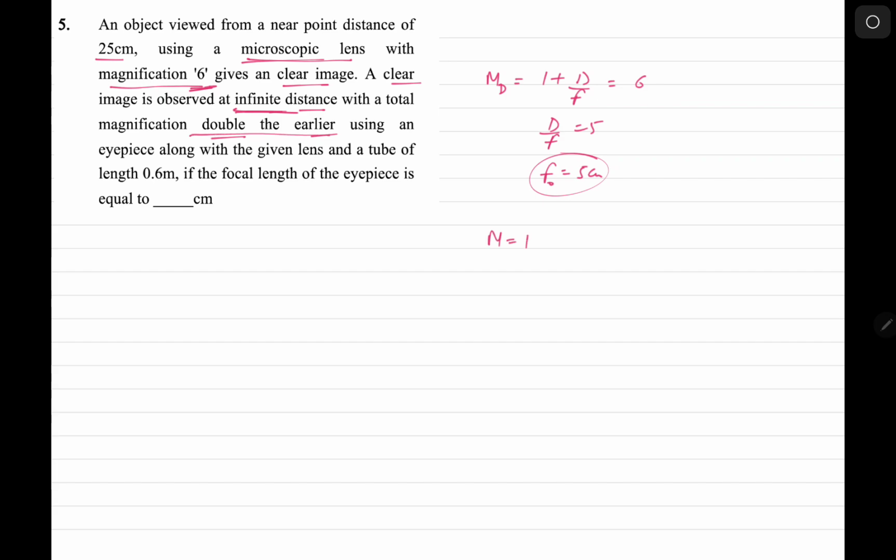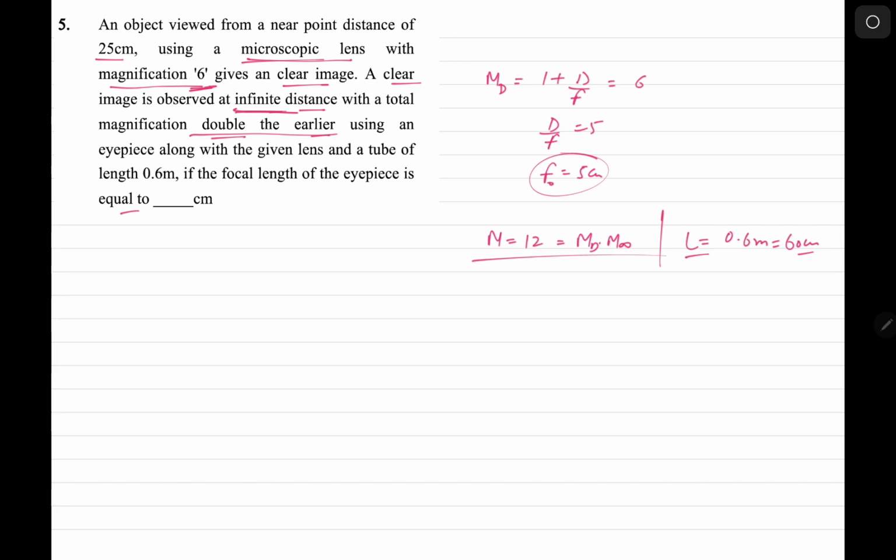Now the total magnification is 12, which is like MD into M infinite. Using an eyepiece along with the given lens, the tube length is given as L equal to 0.6 meter, or 60 centimeter. You can see that the L length is given.